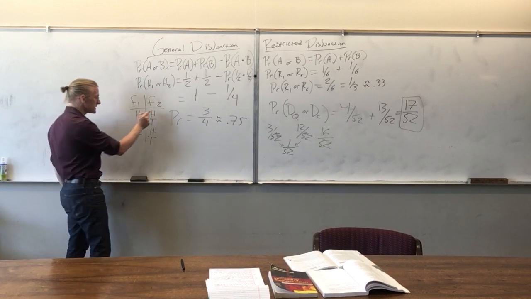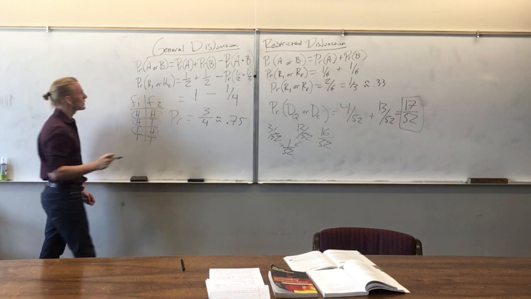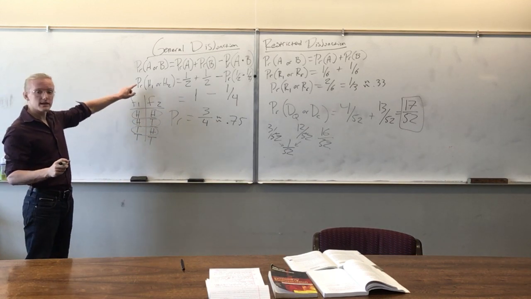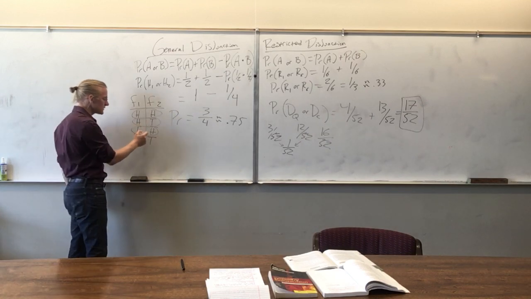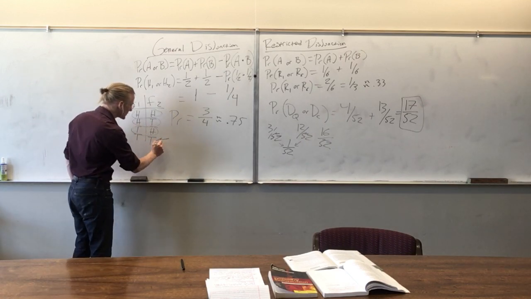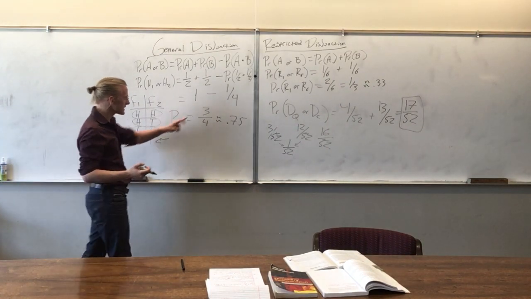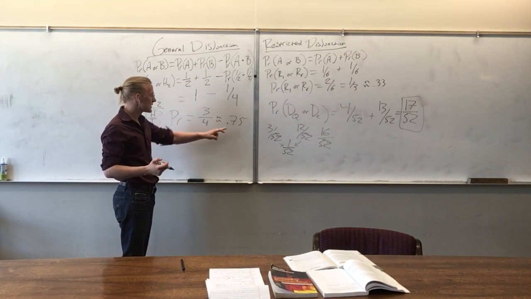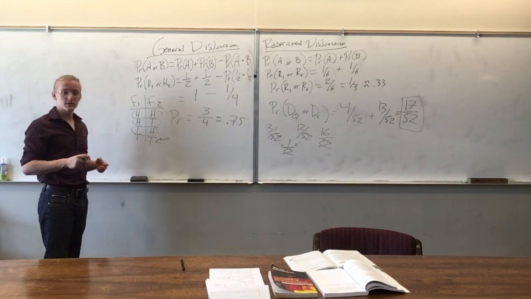So on 3 of these lines, there's at least 1 heads, right? And our question is, what's the probability of getting a heads on either of two flips? Well, in 3 of those cases, we get a heads, but in 1 case, we don't, so it's not certain. But 3 out of 4 times, or 3/4, 0.75, we get a heads on either of our two flips.